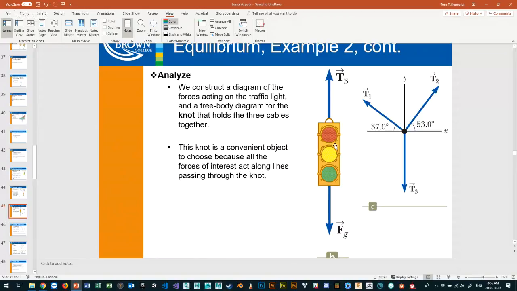It's not swaying. It's staying in the middle, which means both forces on the left side and on the right side must be in equilibrium, right? That means that if I add the negative forces here on the left to the positive forces here on the right, they're not going to move anything. It's going to equate to 0. Same thing with the positive and negative forces across the y-axis.